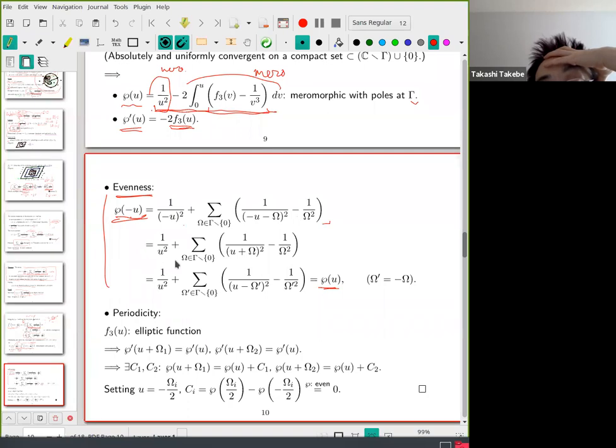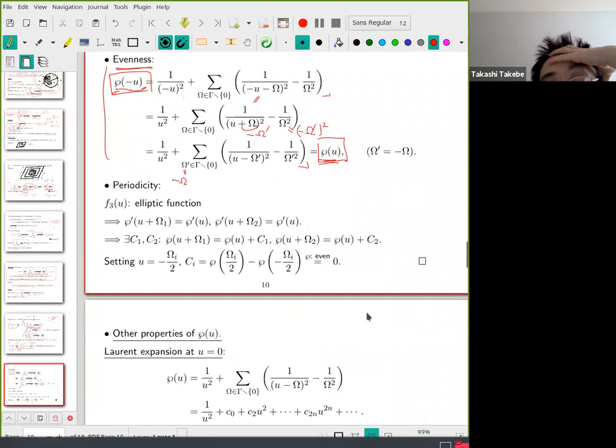And this is equal to this. And just replace this by minus omega prime. Of course, this is also minus. Then it becomes just the P function. So the P function is an even function.